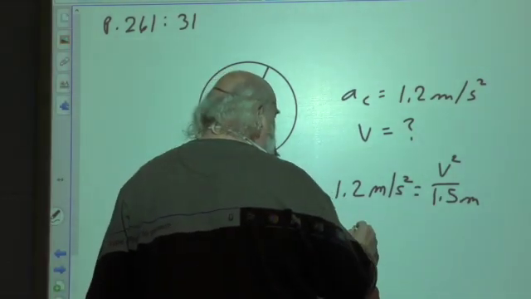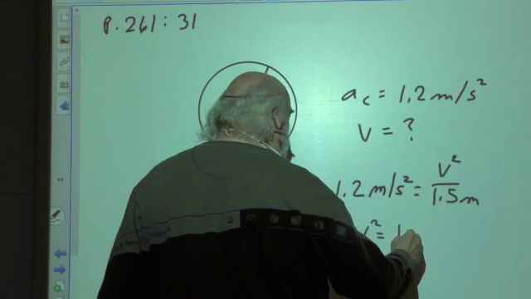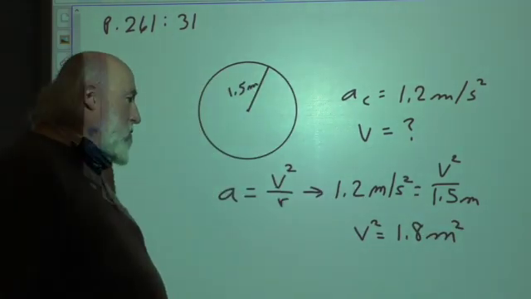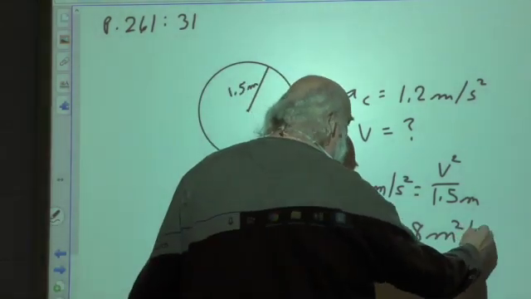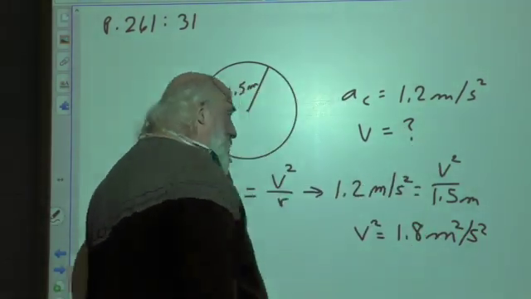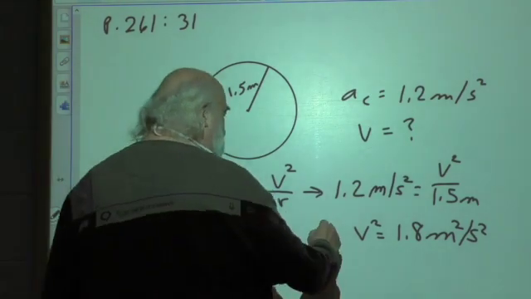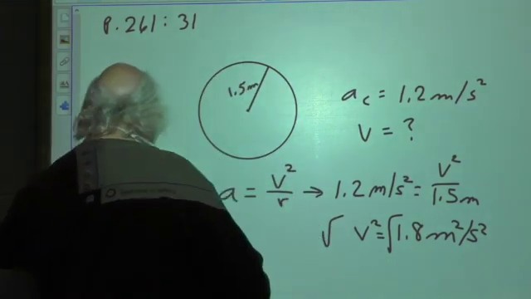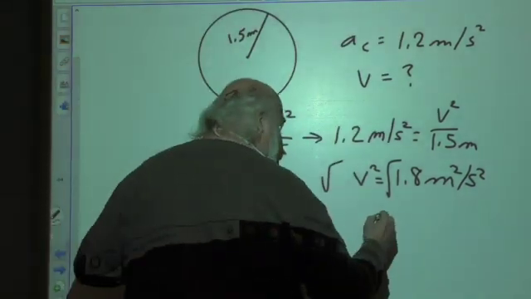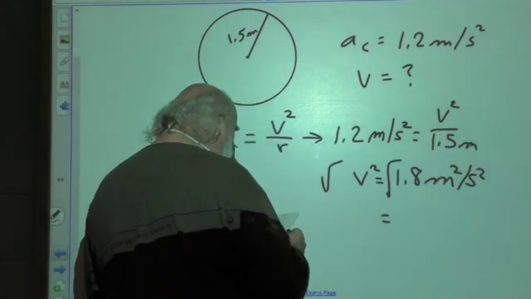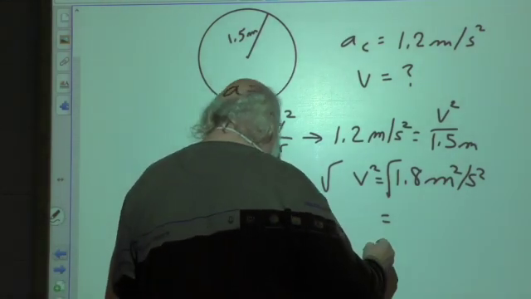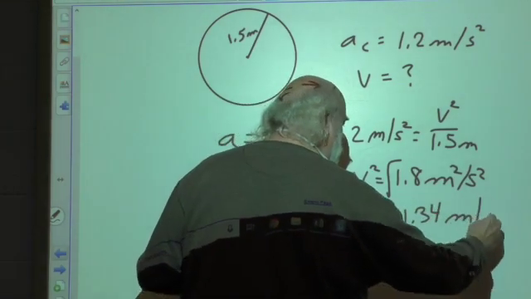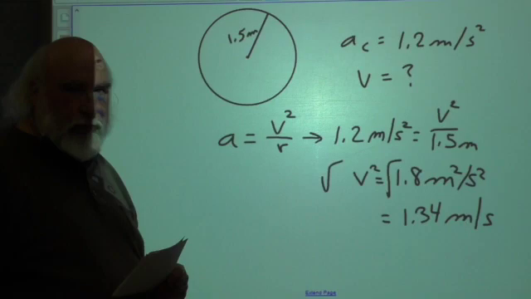So we do that and we get v squared is equal to 1.8 meters squared over seconds squared, because meters times meters per second squared is meters squared per second squared. Take the square root of both sides. That means this becomes meters per second. And if we take a look at the calculator for the square root of 1.8, we get 1.24. And the label, like I said, is meters per second. Okay?